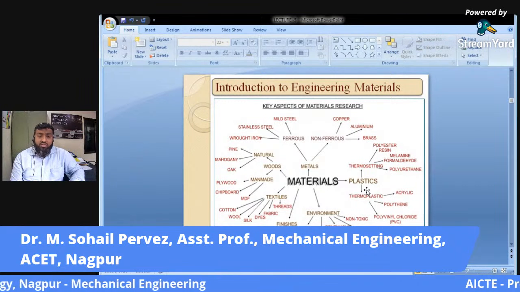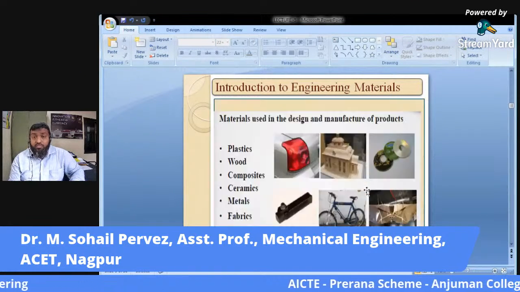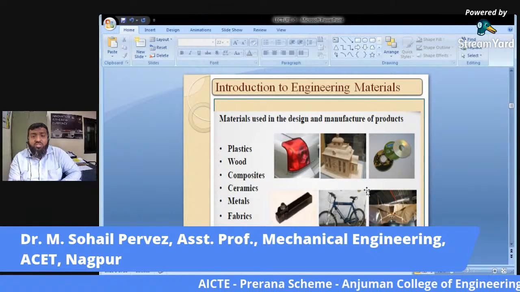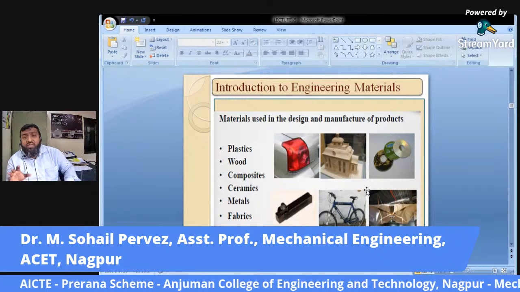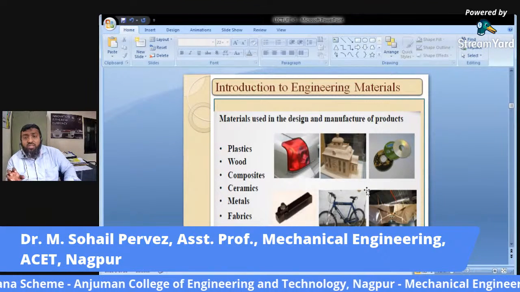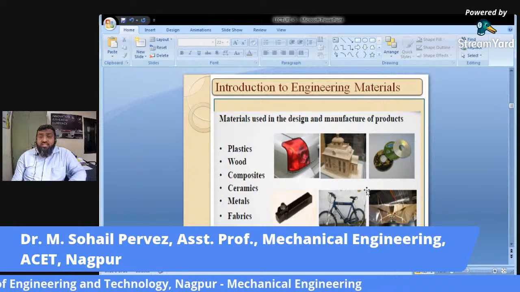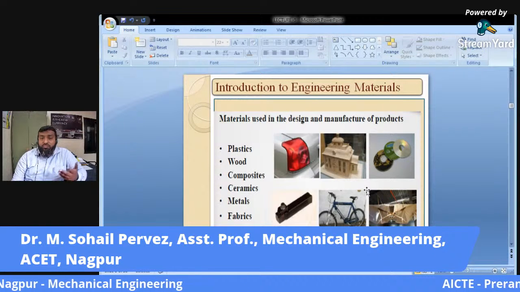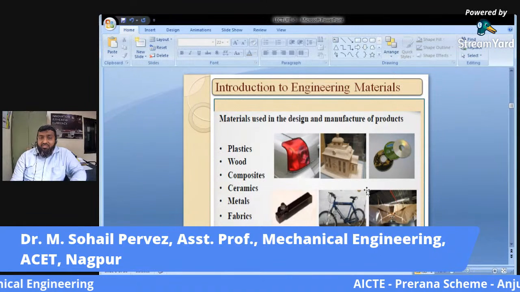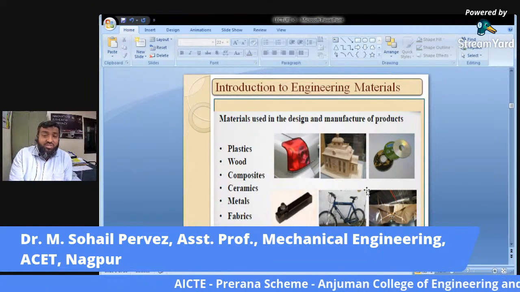So this is all about the material itself. The next, this is just to represent what type of material we have and how it is used in the design and manufacture of products. When I say plastic, you can see where it is used.